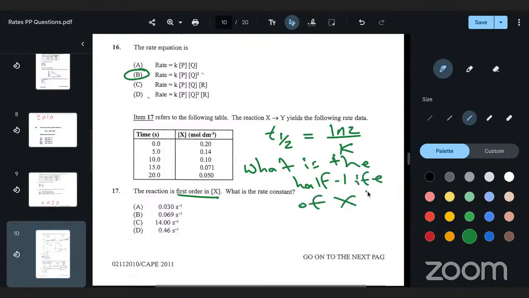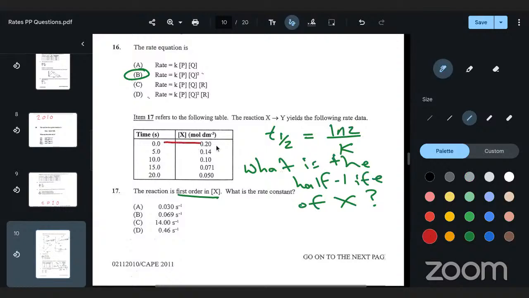Sir, I have an answer. Okay, go ahead. Okay, so for the half-life, I got 10 seconds. And for k, that would be ln2 over 10. So that would be 0.069. That is correct. All right, tell us how you got 10. Okay, so at time equals 0 seconds, there were 0.2 moles per dm cubed.